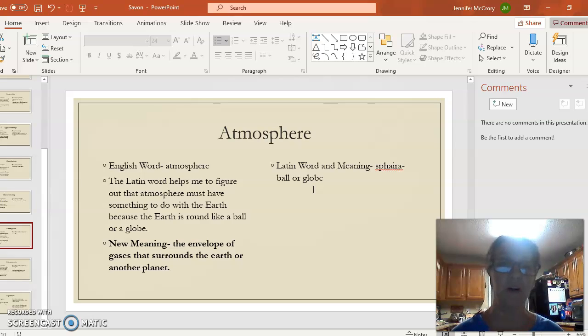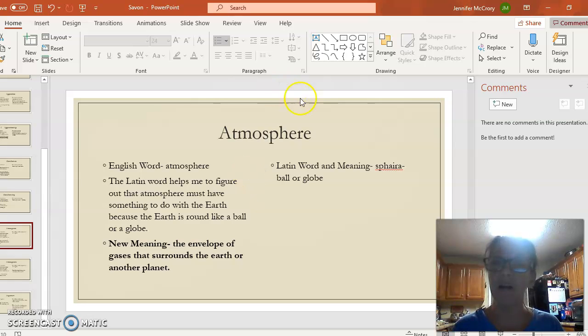Very good, very good. So, this Latin word then is going to help me to figure out that atmosphere must have something to do with the earth because guess what? I know that my earth or our earth is like a ball or a globe. Very good.